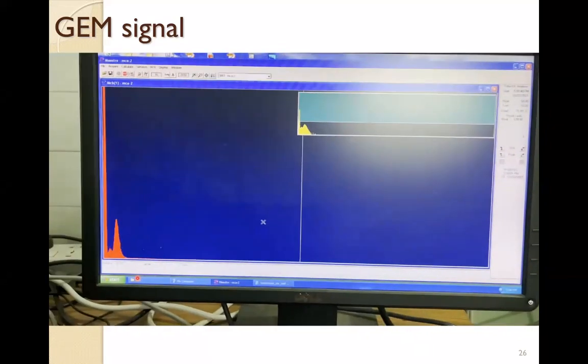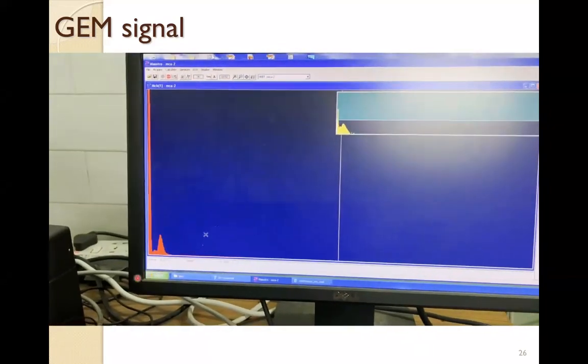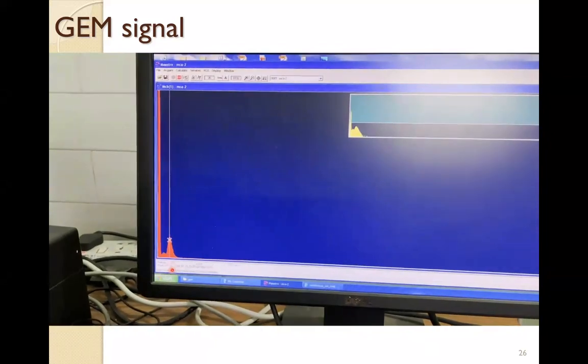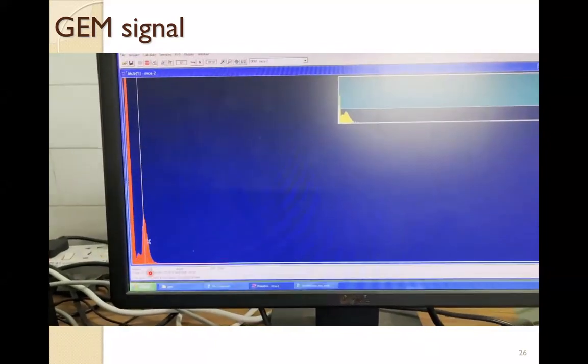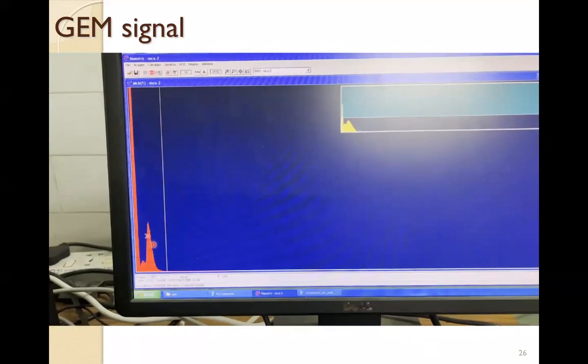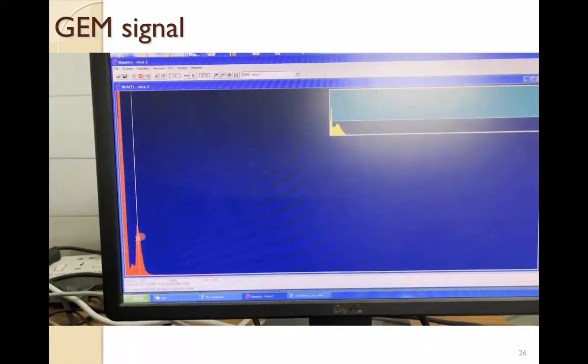So this is the spectrum in the MCA output. It is visible, you can see. Here also you can measure the peak, or the channel number where we obtain the main peak.